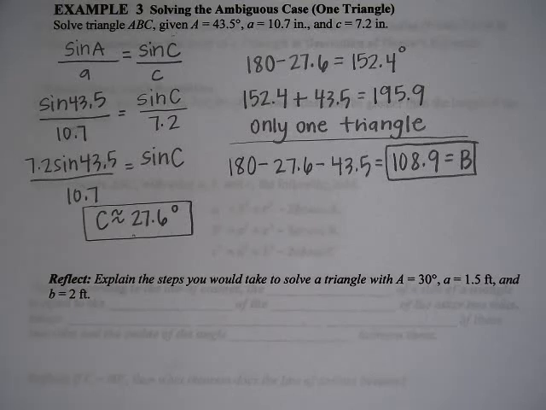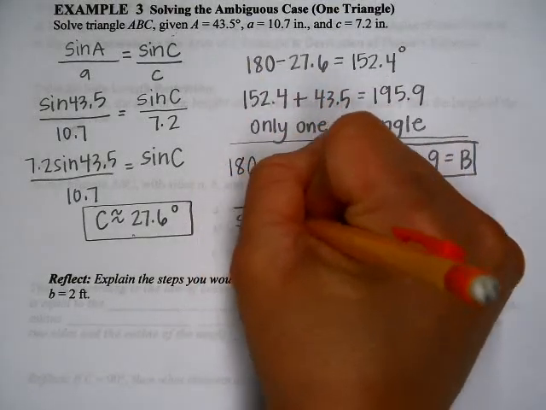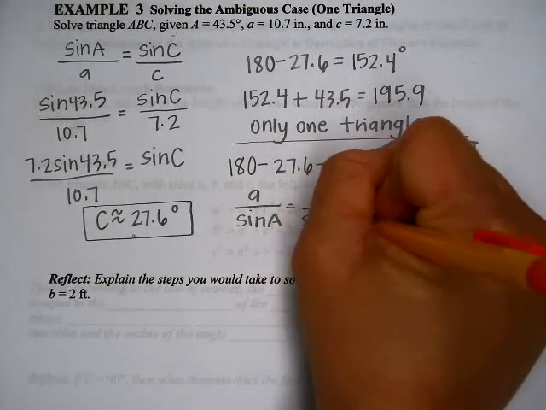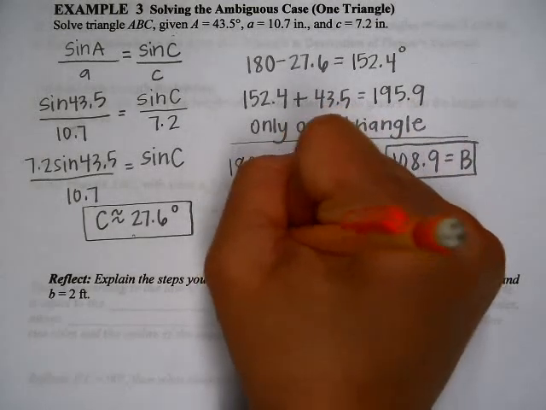And we're solving for a side length, so our little letters are going to go on top. So we have little a over sine of big A equals little b over sine of big B.